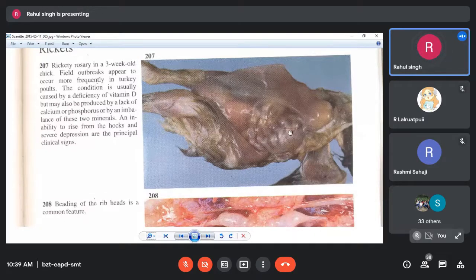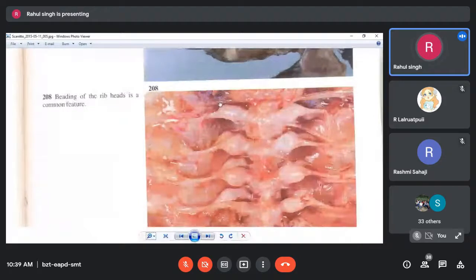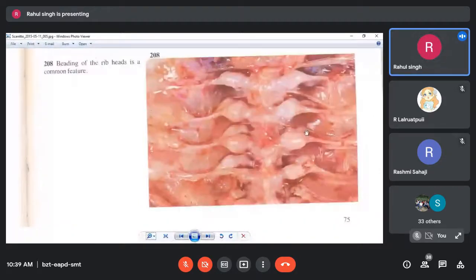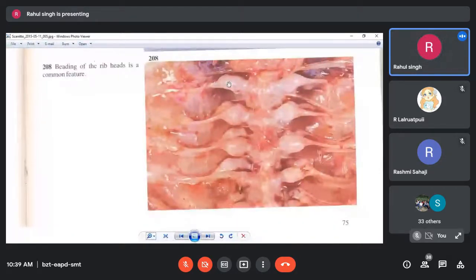You can see there is thickening and distortion in the ribs, called rachitic rosary. If you open up the bird and see it inside, you will see that there is enlargement of the joints. The rib heads are enlarged, thickened, because it never got calcified.